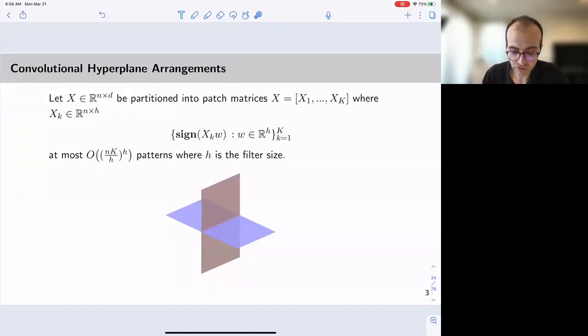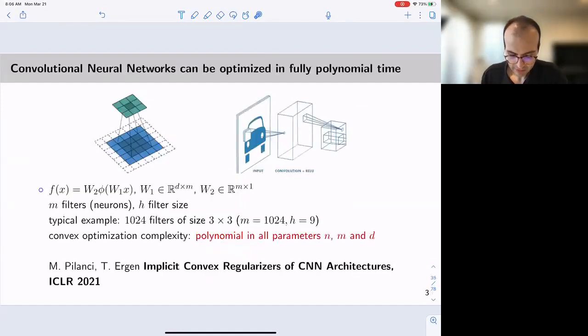And if you look at the sign patterns of convolutions, it is actually always polynomial. As long as you have a filter of fixed size, you will have a polynomial number of patterns. And these can be optimized in fully polynomial time with the convex program. So this enables optimizing CNNs, convolutional neural networks, in fully polynomial time for the first time.